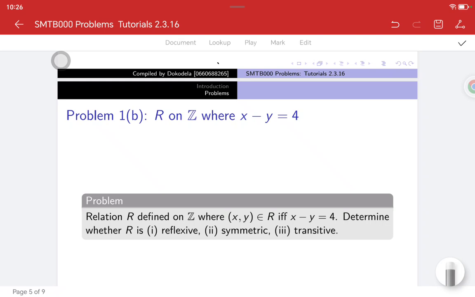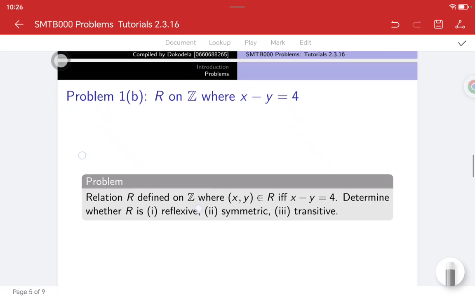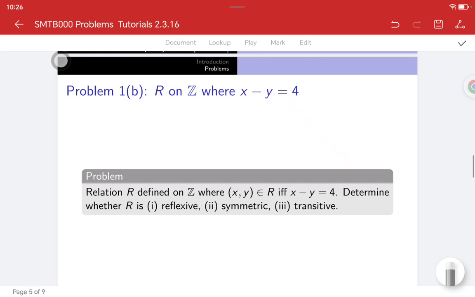Then they say we should determine whether R is reflexive, symmetric, or transitive. So for us to determine this, first we'll check reflexive.